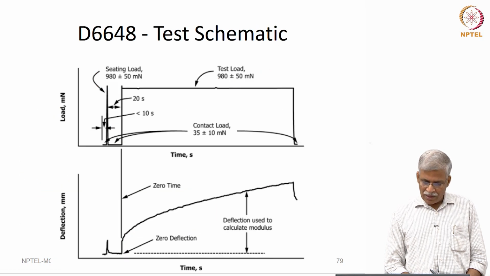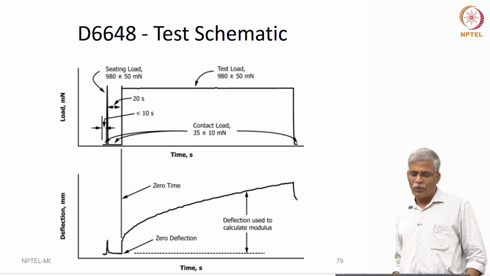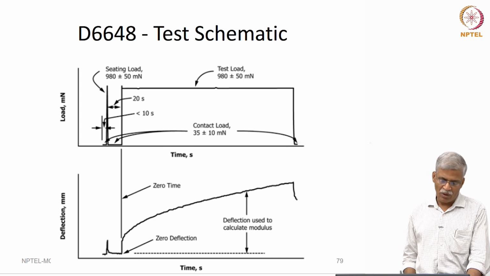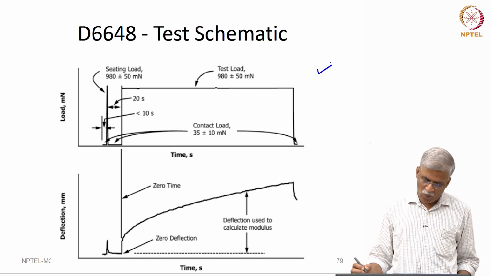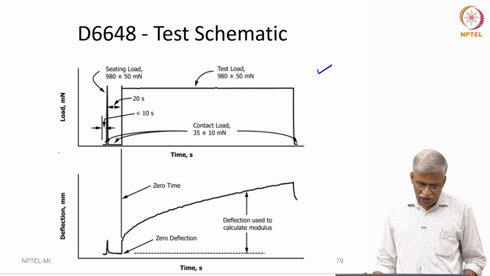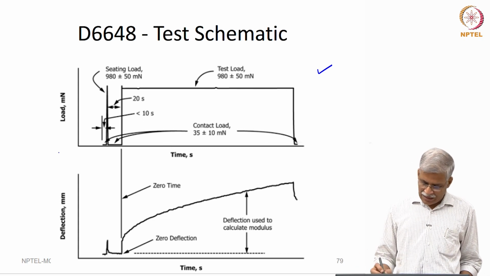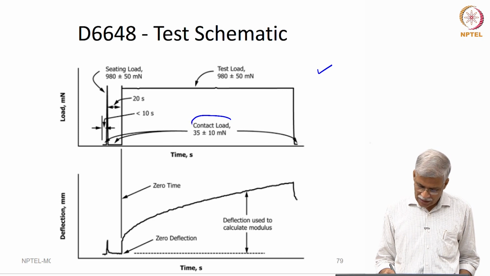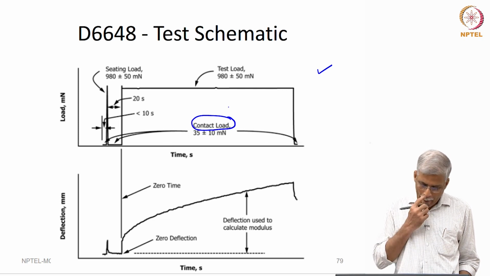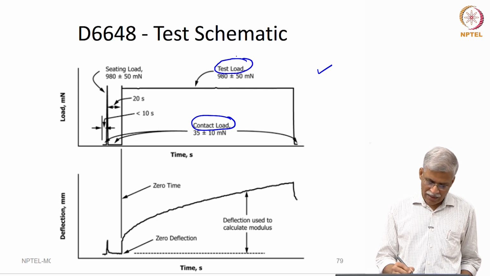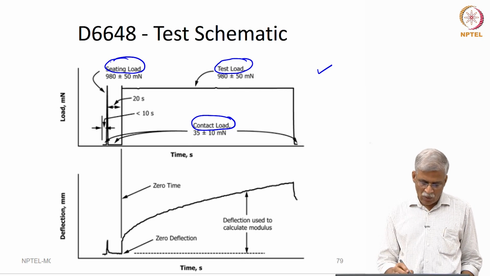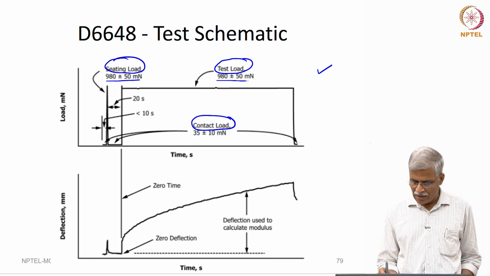So, let us go to the next thing. How is this test actually carried out? You can see that there is graph 1, this top one, in which a load is applied. This load consists of two parts, there is a contact load, and there is a test load, and there is something called a seating load. The seating load is the same as the test load.